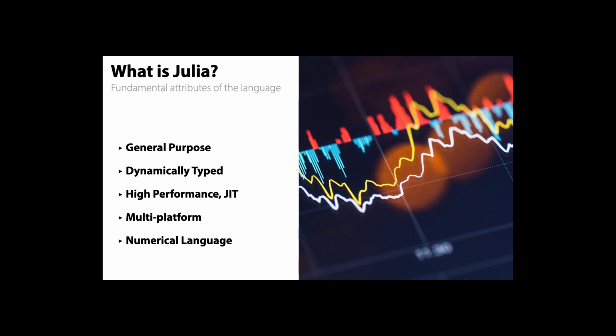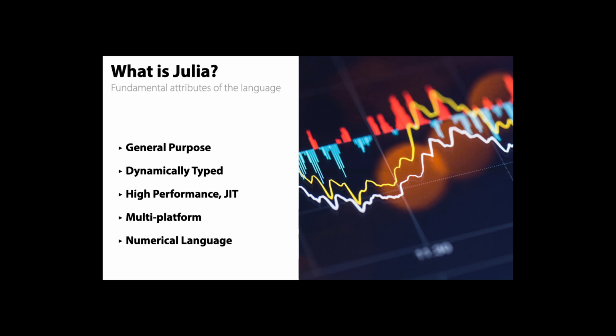Well, by that I mean it's not like R or MATLAB, which are kind of special purpose languages. This is intended to be something more akin to Python or Ruby or maybe even JavaScript. It's supposed to be possible to use Julia to write any kind of programs, whether that's a script or maybe a web server or something similar.